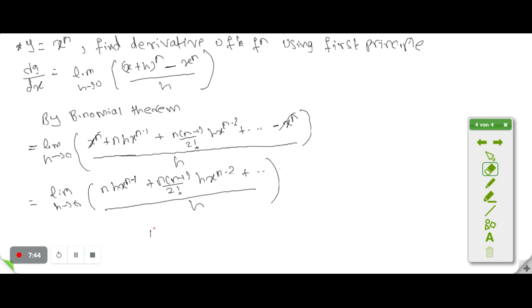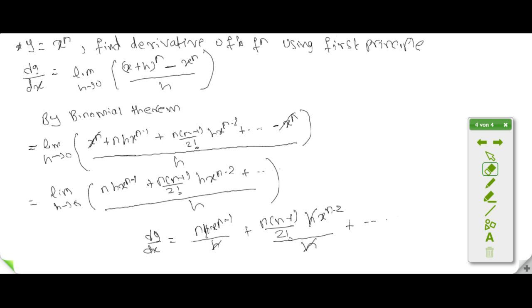So dy by dx is equal to n h x raised to n minus 1 divided by h plus n into n minus 1 upon 2 factorial h x raised to n minus 2 divided by h plus dot dot dot. And you see that this h and this h are getting cancelled, this h and this h are getting cancelled, right? This is what we have.